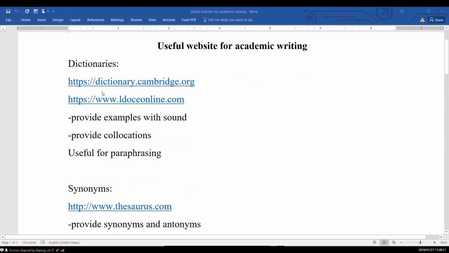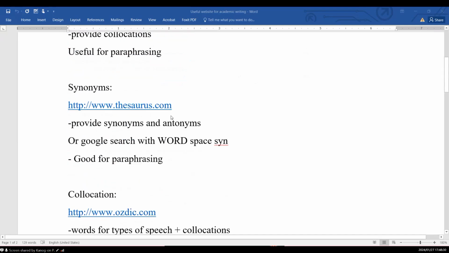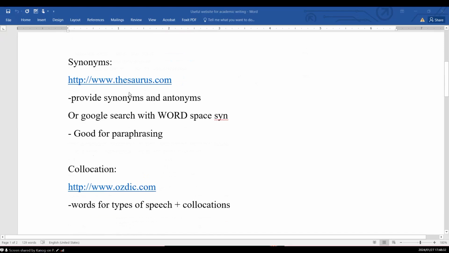For dictionaries, if you want to search for some vocabulary, you might use these two websites. They provide sound, collocations, or useful paraphrasings. Or maybe you want to use synonyms.